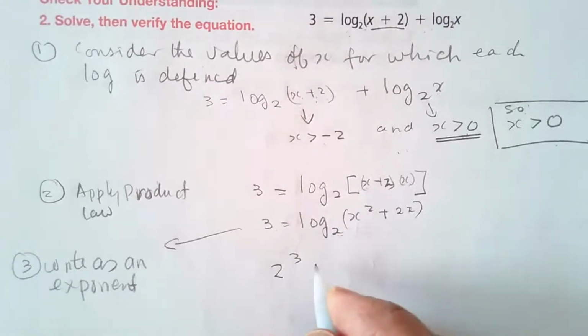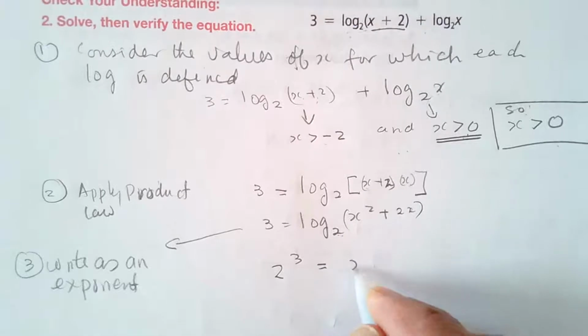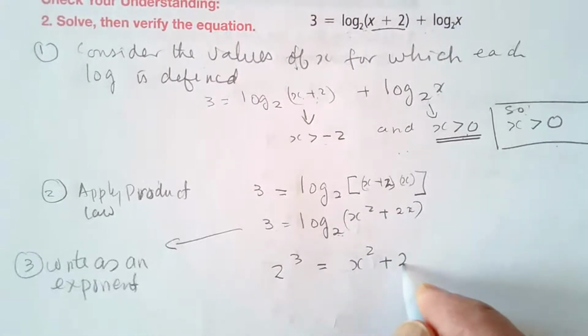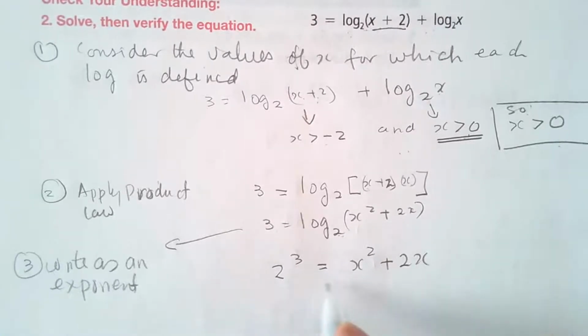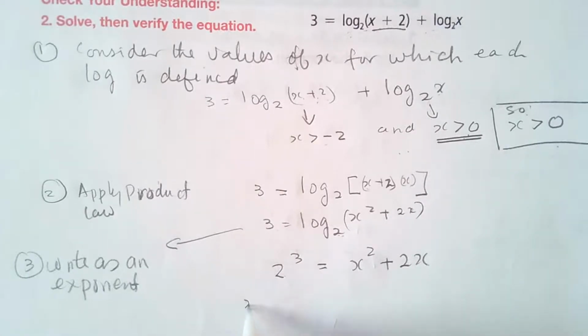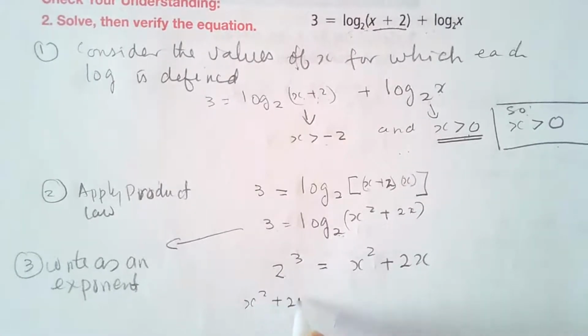So 2 to the power 3 is equal to x squared plus 2x. Now, I prefer to write the x on the left side, so I'll just translate that.